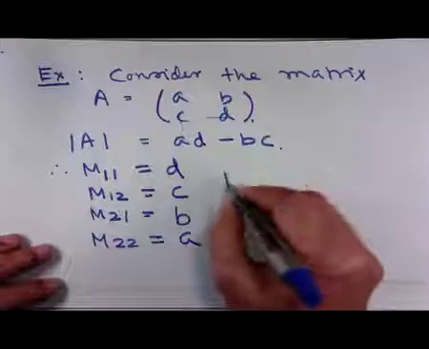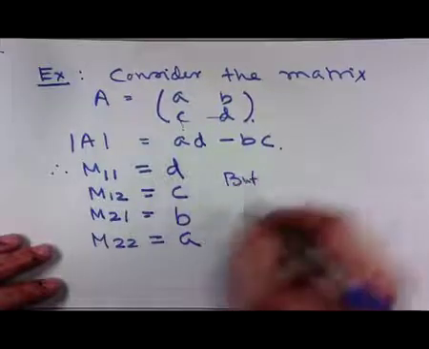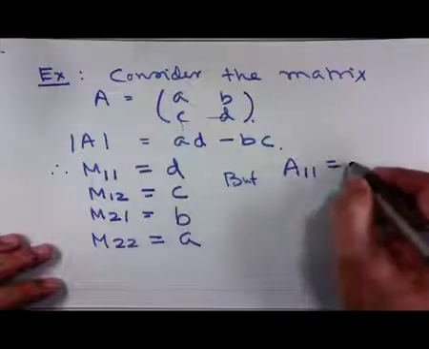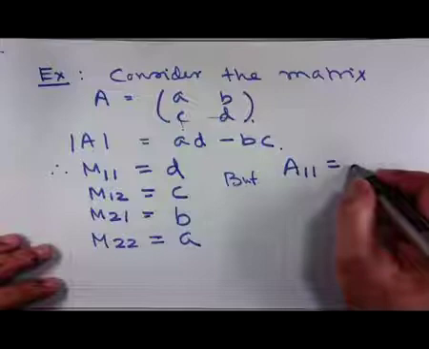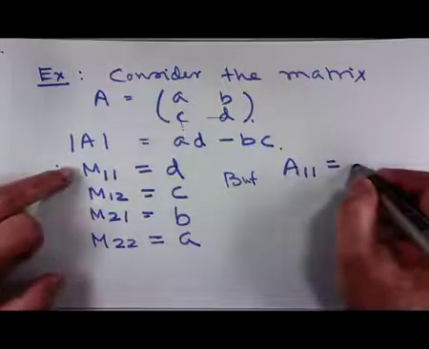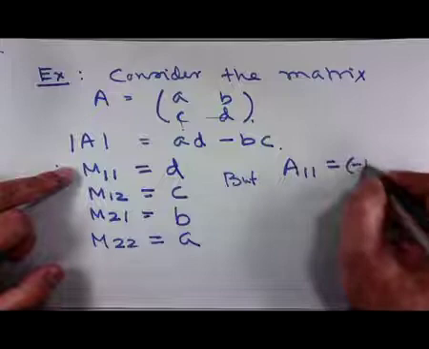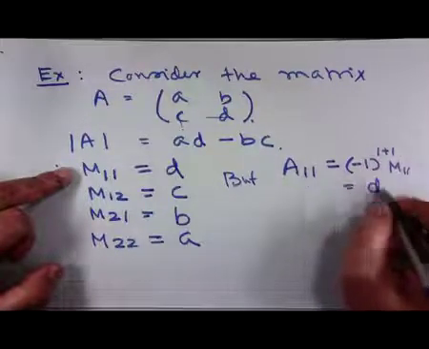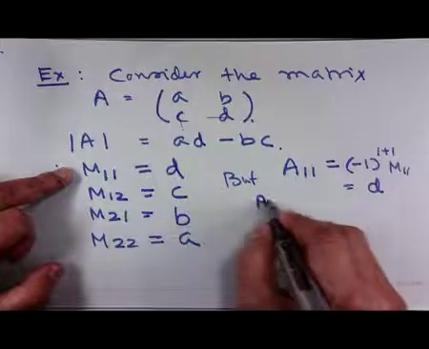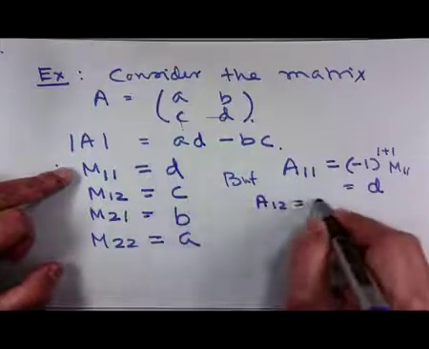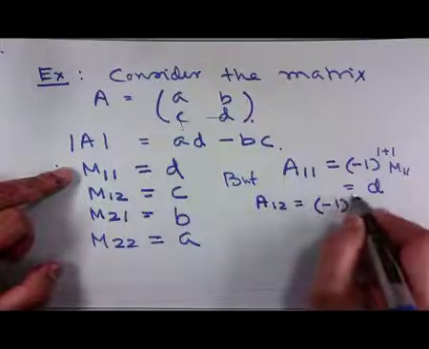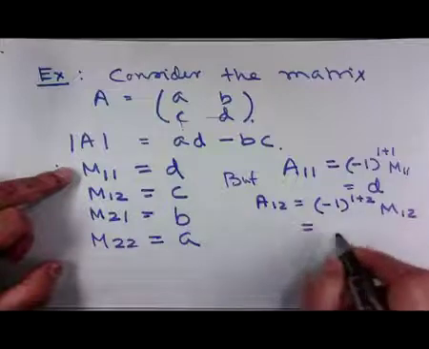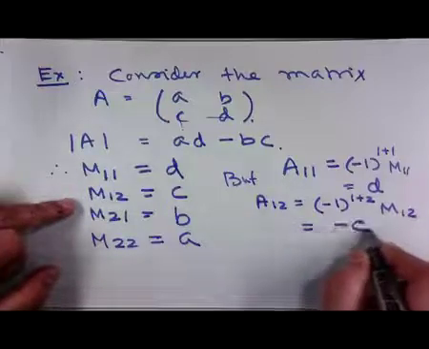But what are the cofactors? The cofactors are A11 is equal to minus 1 to the power 1 plus 1 into M11, is equal to d. A12 is equal to minus 1 to the power 1 plus 2 into M12, is equal to minus c.